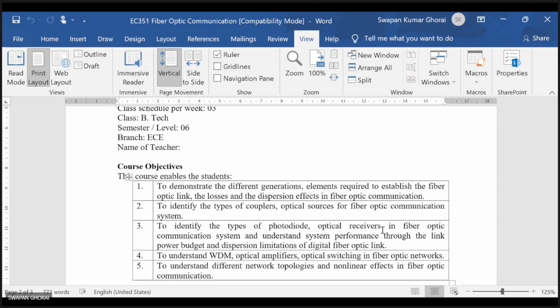Other components, when you consider actual fiber optic networks, are optical amplifiers and optical switching. Those components are to be used. You have seen amplification of electrical signals, but here you'll see how we can amplify the signal in the optical domain without going through optical to electrical conversions. Suppose an optical signal is propagating in a fiber.